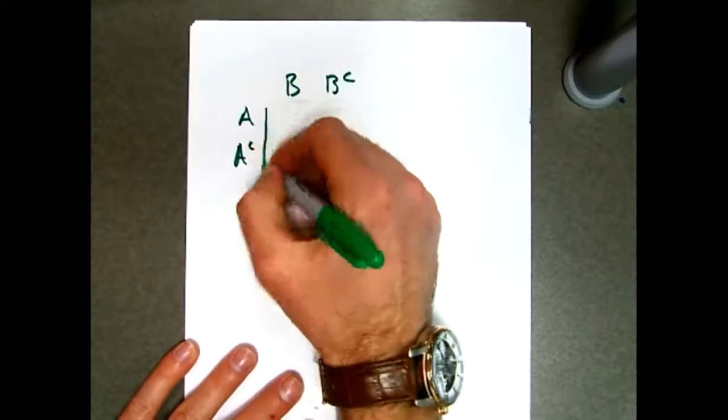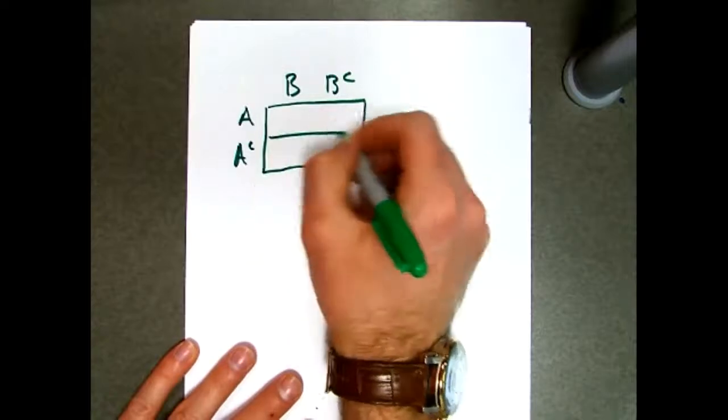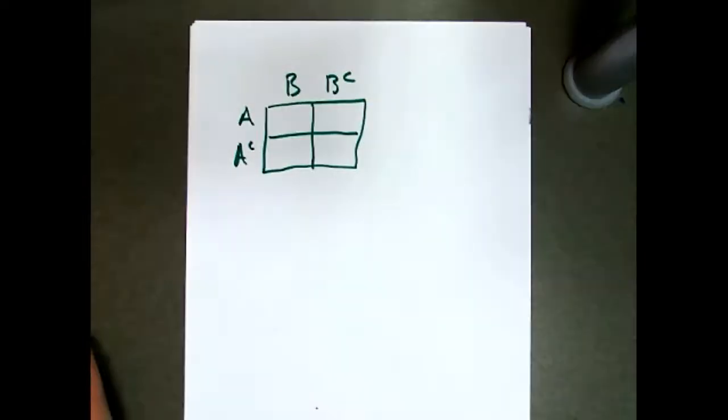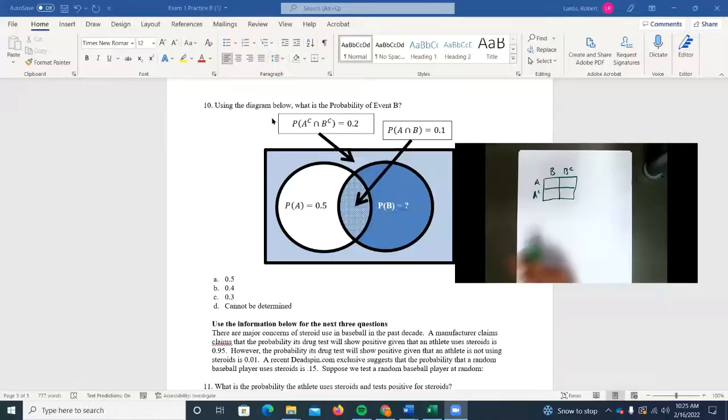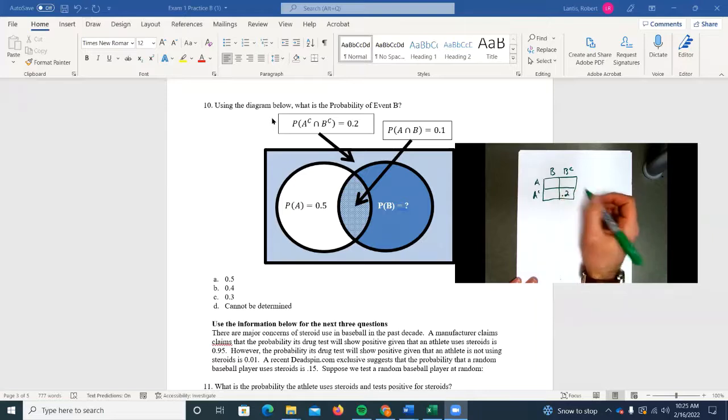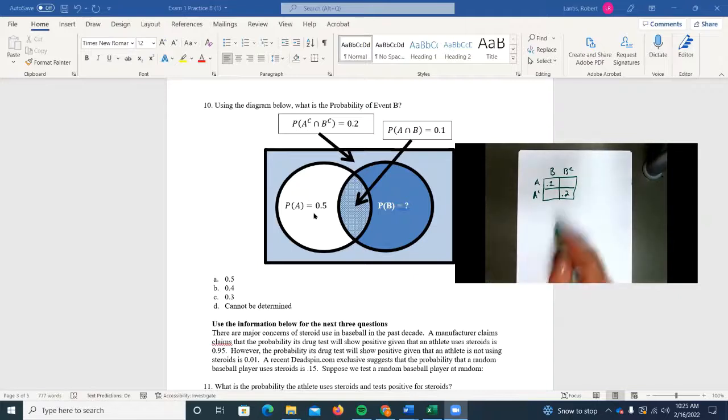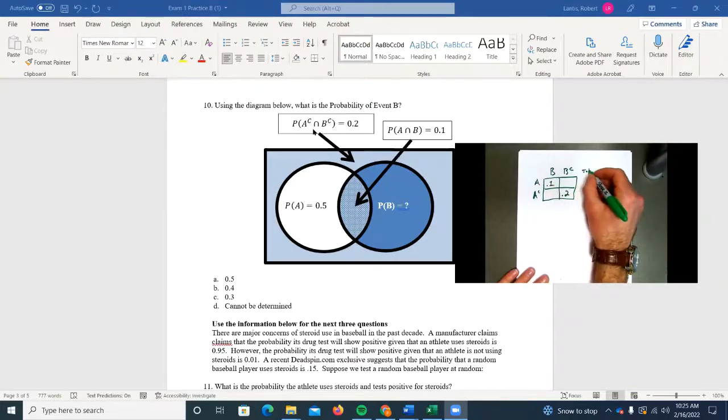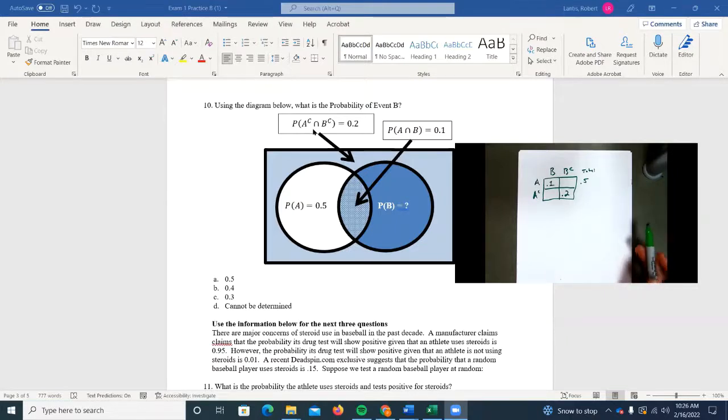So you could create your contingency table. If I'm looking at this contingency table, I've got the intersection of the complements is 0.2. I've got the intersection of the two events is 0.1. The probability of A, that would be my total column, is 0.5.